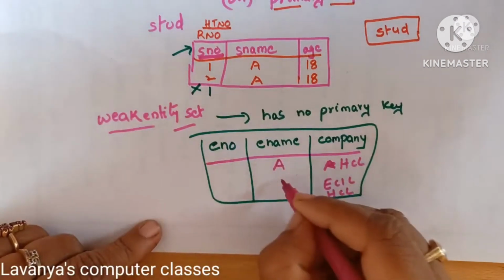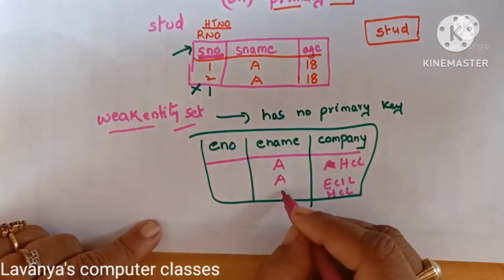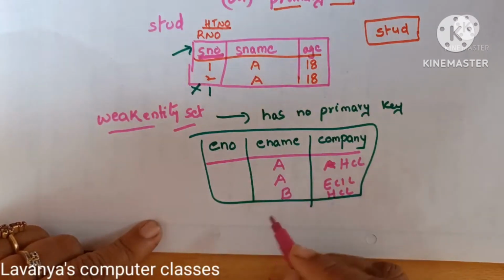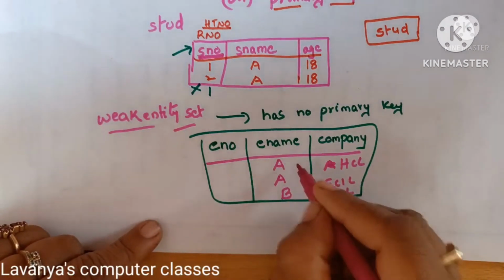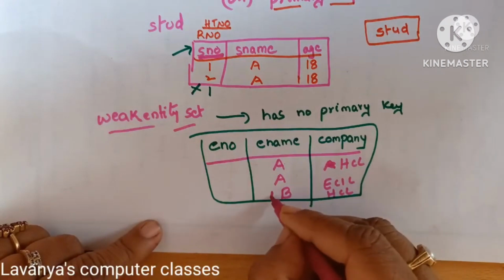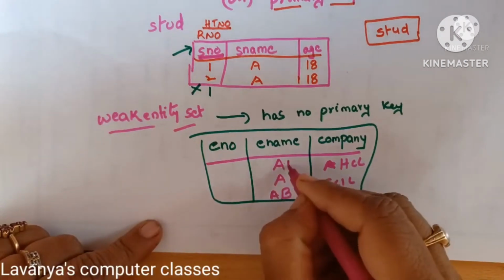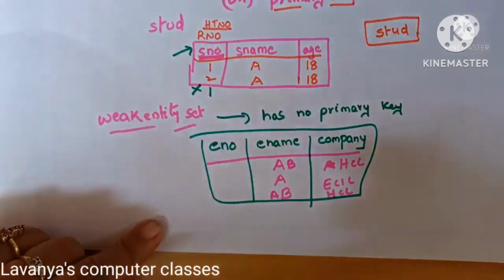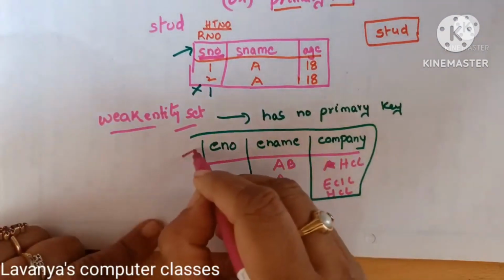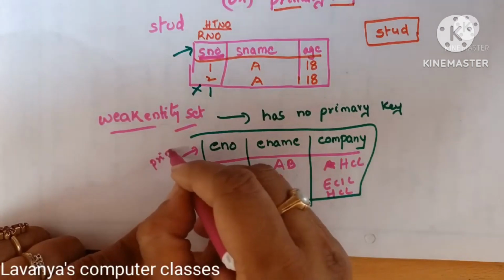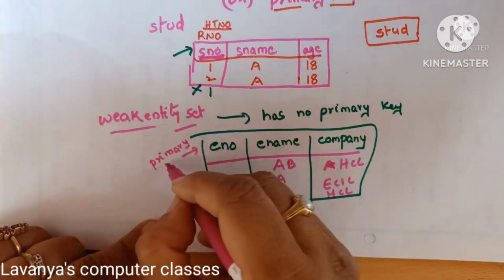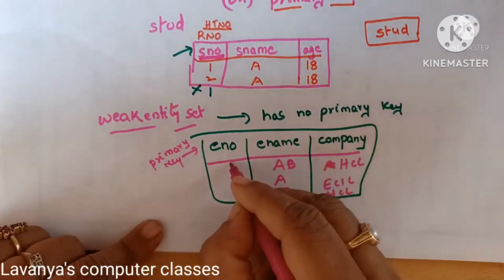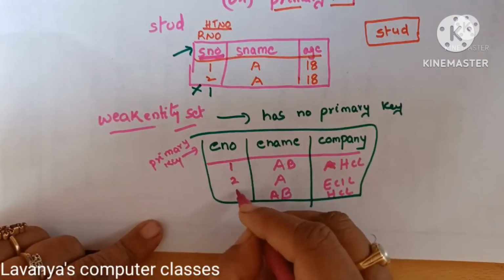Employee name A, another employee name is also A, another employee name is B. So employee name is A here and also A there, and AB here and AB here. Employee number should be unique, but if you have not mentioned it as a primary key, there is no primary key concept. You have not introduced one, so employee number is also like a normal attribute. Whatever values are entered are accepted.